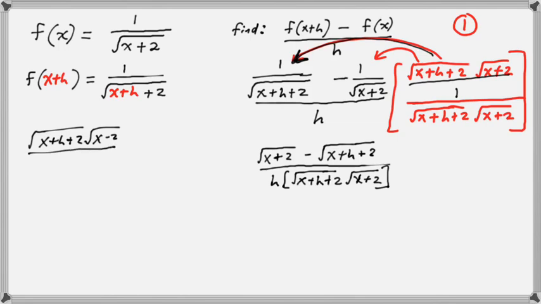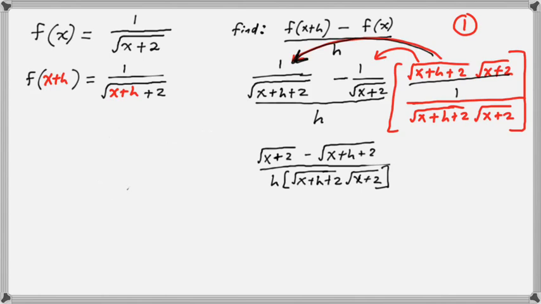And bottom times bottom, 1 times this radical, gives me just this radical on the bottom here. So you'd have x plus h plus 2. Those could cancel, and that leaves me radical x plus 2 for this thing. I just want you to see how I'm eliminating or canceling those terms.